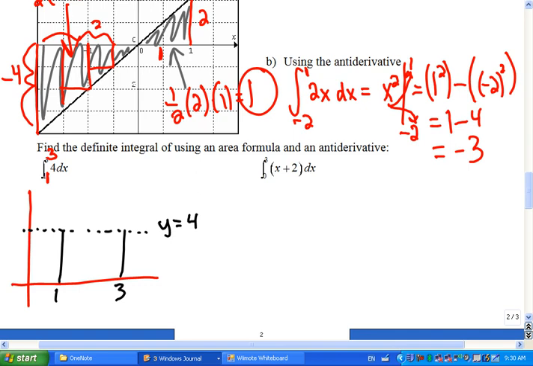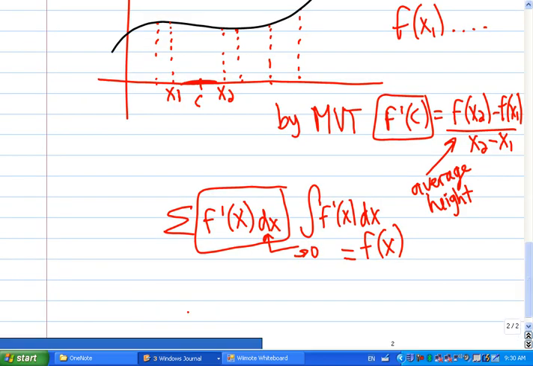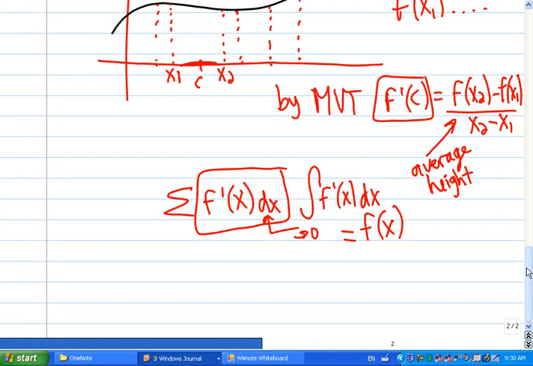I just have a question. When evaluating with the antiderivative, do we have to worry about adding a constant? Oh, that's a good question. I may have blown over that one. So the question was, do we have to worry about the constant?